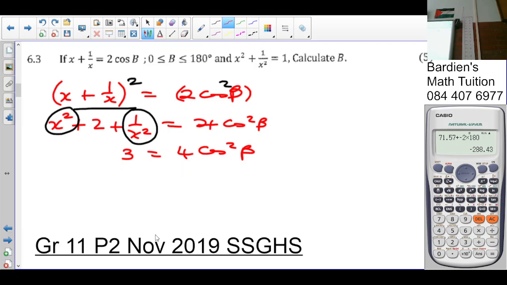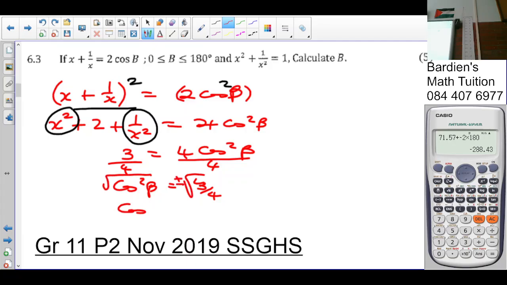What do we do now? Divide by 4 both sides. So you get cos squared beta is equal to 3 over 4. Now what? Square root. If I introduce square root, let's not forget plus minus. So cos beta is equal to plus minus the square root of 3 over 2.